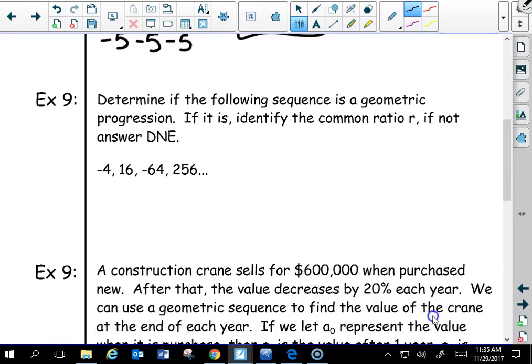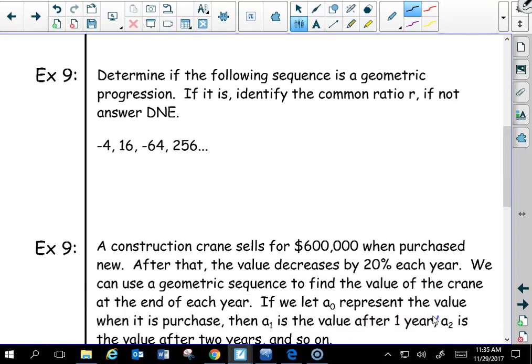Okay, same idea, only we're going to look and see if it's a geometric progression. So here's how you tell if it's geometric. This gives us n equals 0, 1, 2, 3.